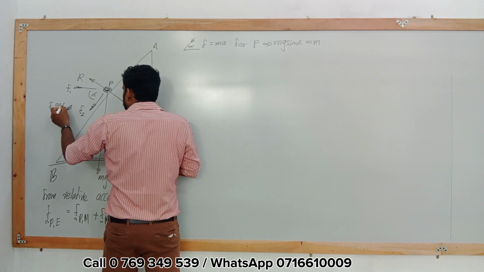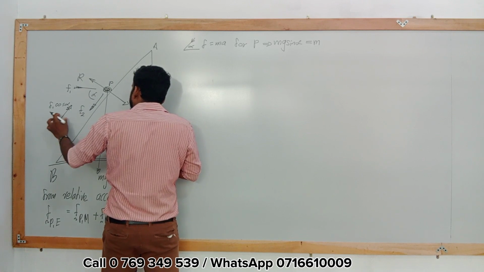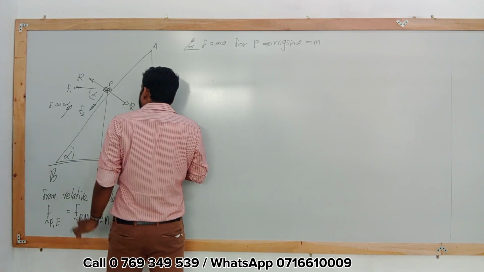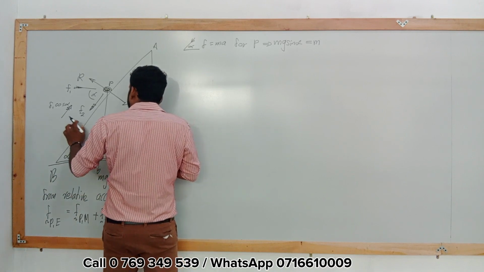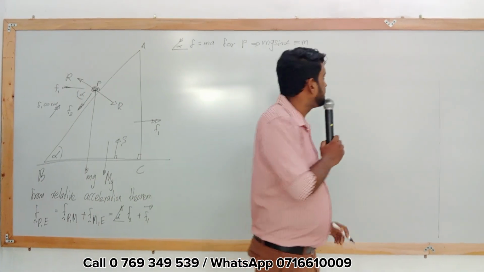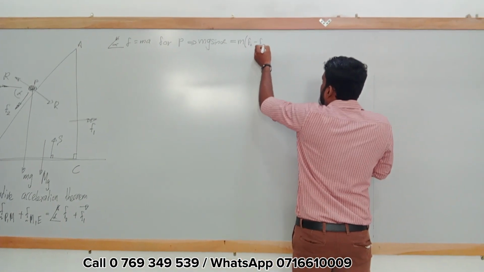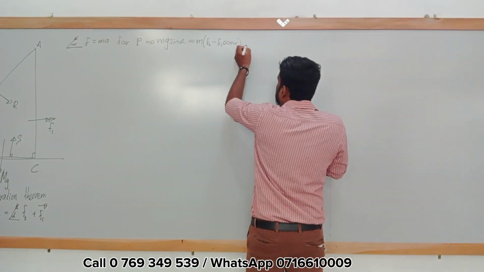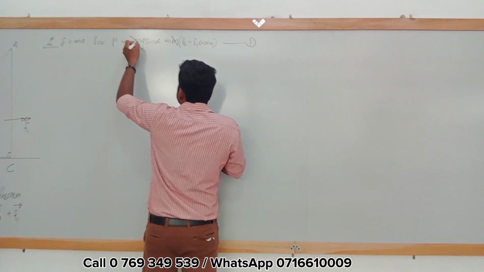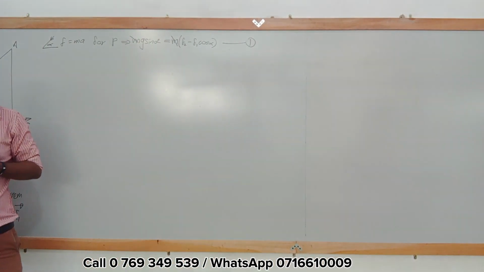Here positive and here negative: F2 minus F1 cos alpha. That is equation 1. Then we can cancel M also, right?